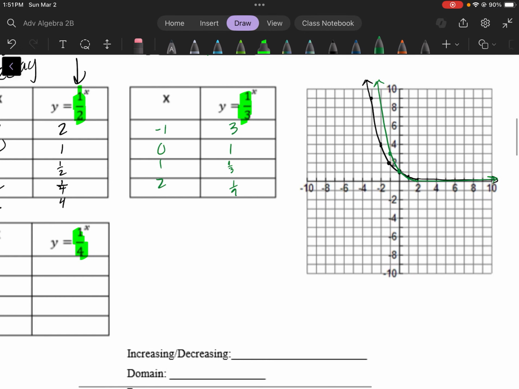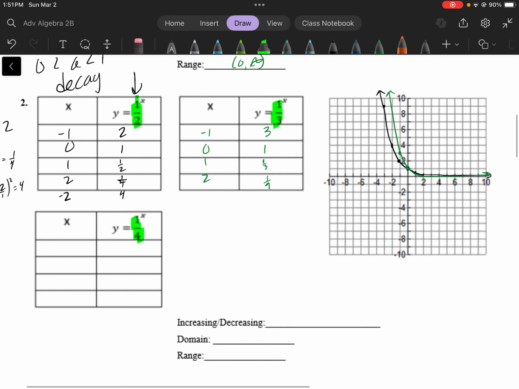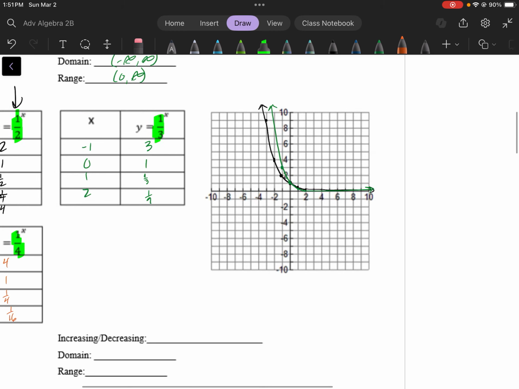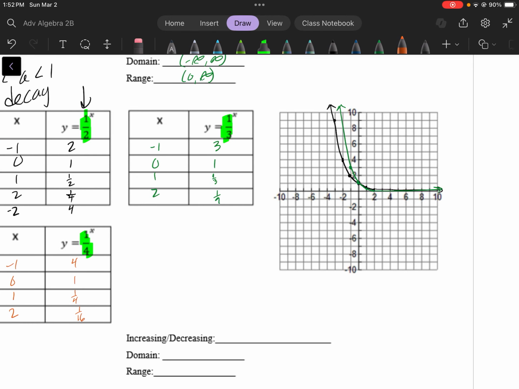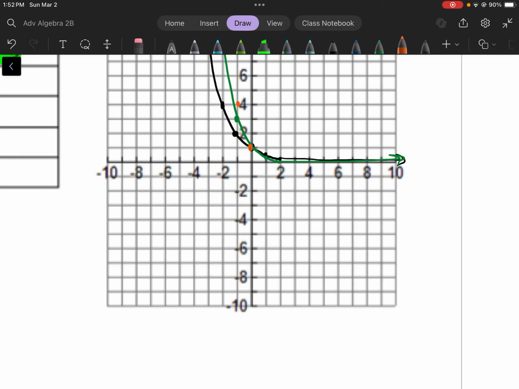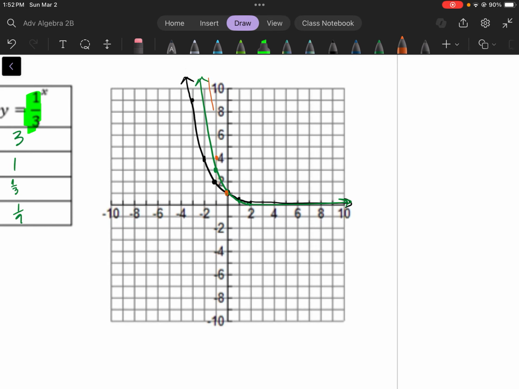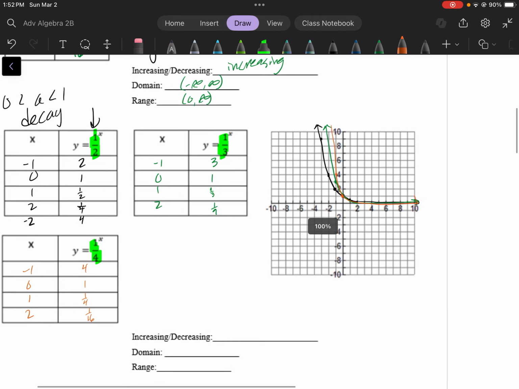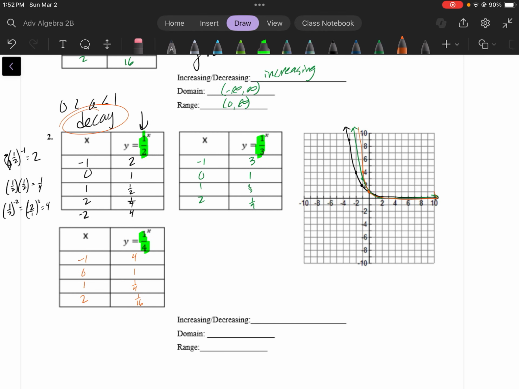Okay, and then even the last one with the 1/4, the different base value, same numbers, but the behavior is acting the same. It's just becoming more dramatic in how it's moving. So -1, 4, 0, 1, and then I almost can't even graph those because they're so small. But we're decreasing really fast, and we hit that y-intercept, and then we're going to flatten out and not cross that x-axis. So this would be the exponential decay, because I'm starting up high and then we're going down.